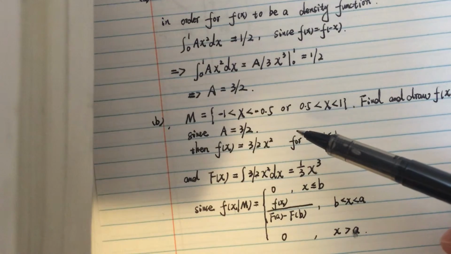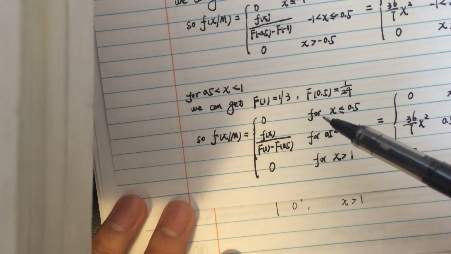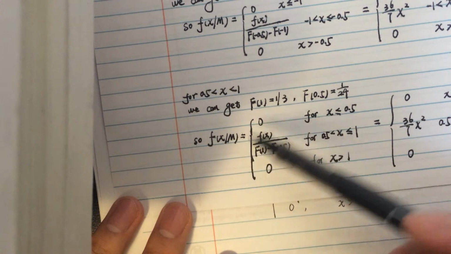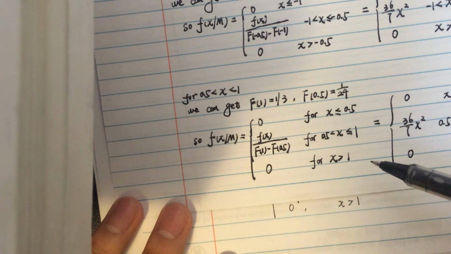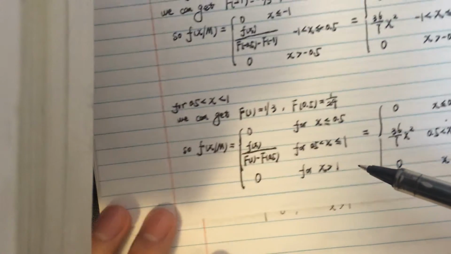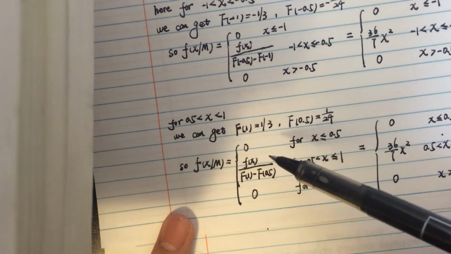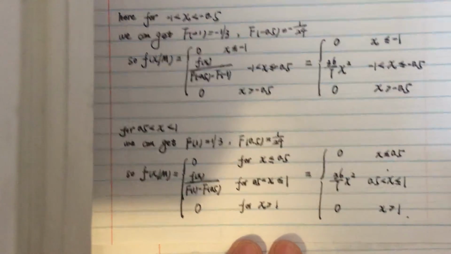According to this property, f of x conditioned on M equals 0 for x less than 0.5, equals this formula for x larger than 0.5 and less than 1, and is also 0 for x larger than 1. Substituting the values of these functions, we can get this expression.